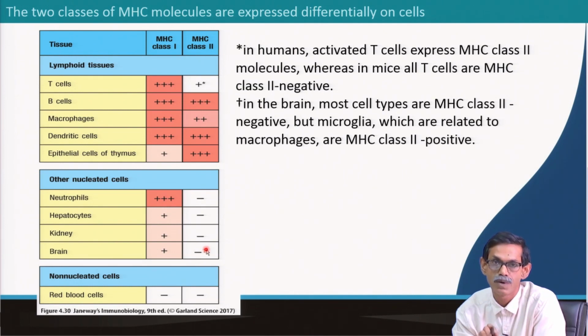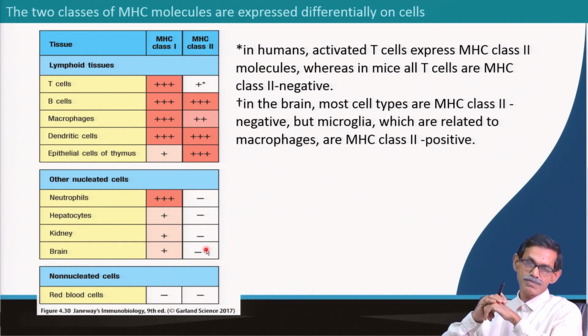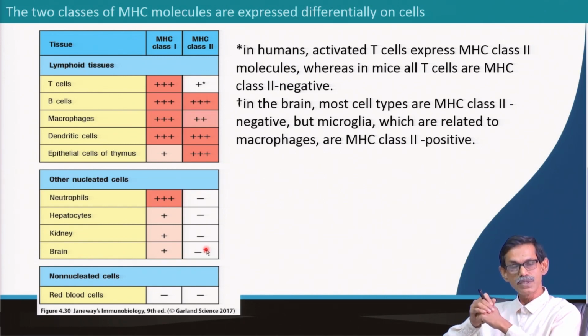Why is this happening? What is the role of B cells, macrophages, and dendritic cells? They are antigen presenting cells. They are professional antigen presenting cells. They have the responsibility, the duty, to process the antigen and present it through MHC2 to T helper cells, which in turn help the B cells to produce antibody.